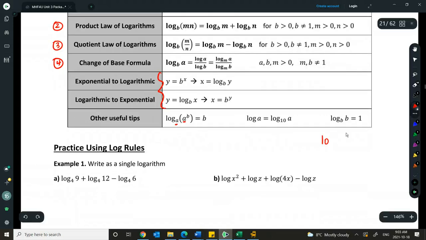So what I mean by that is if I have log base 2 of 2, 2 raised to what exponent gives itself? 1. If I have log base 4 of 4, 4 raised to what exponent gives itself? 1. So if I have log base b of b, as long as those two things are the same, then that's going to equal 1.